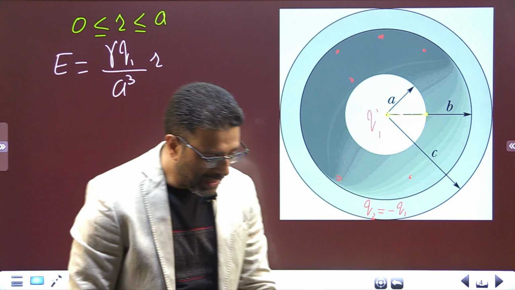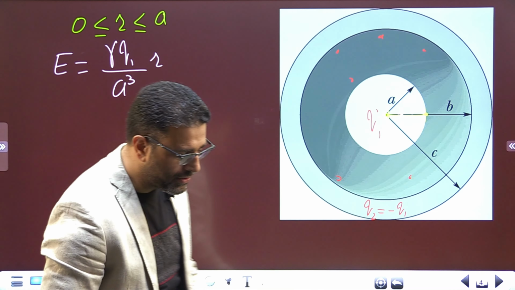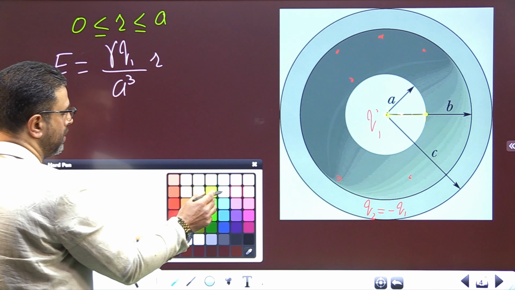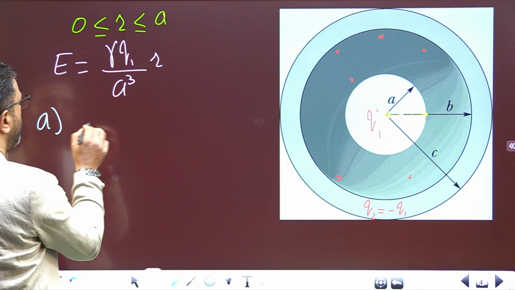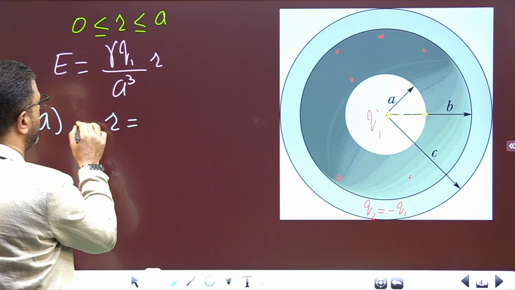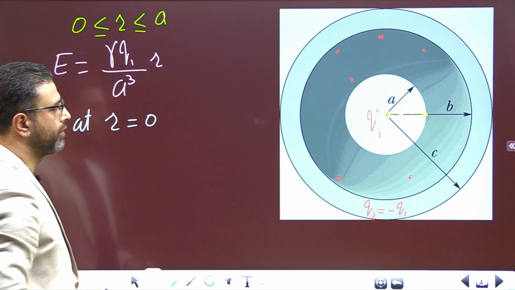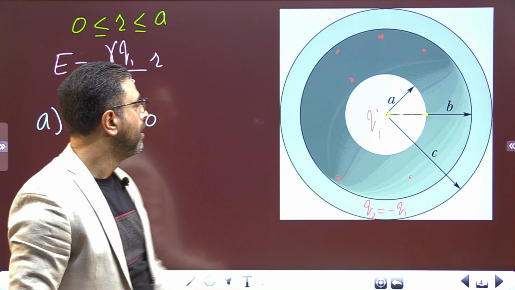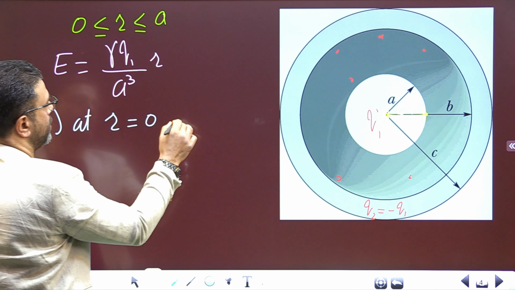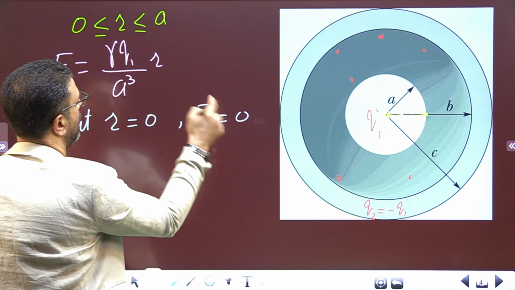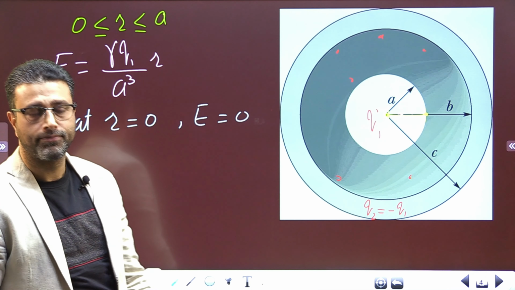Now in part A, we're asked to find the field at r equal to 0, that is, at the center. At r equal to 0, the field is 0. Simple, everything becomes 0.